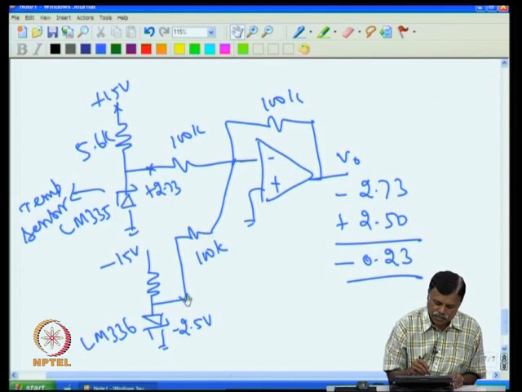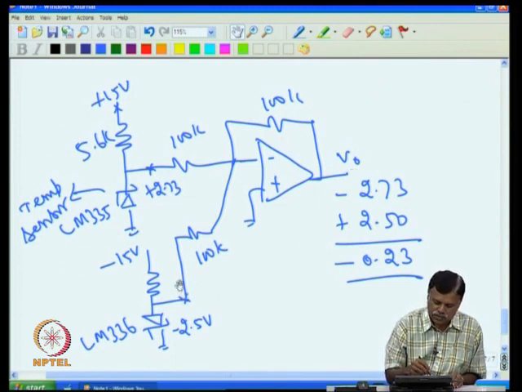For example, this minus 2.5 volt should produce here plus 2.73 volt to cancel out this 2.73 volt given by the sensor. So what I can do is I keep this 2.5 volt, and change this resistance such that this and this put together give a gain a little more than 1, so that this 2.5 itself is able to give 2.73 at the output.